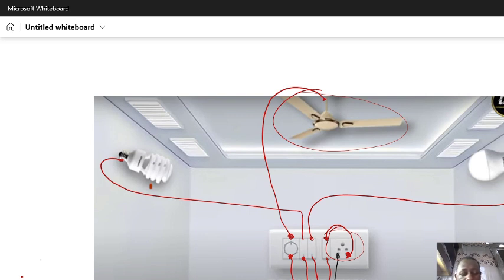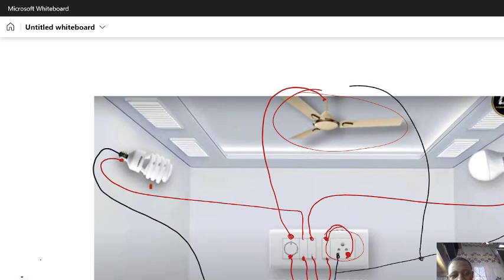Now only the neutral remains. The neutral I just take from here, a node. We saw in our theory what a node means, and I can connect also from here directly to this one, and I can connect from here again, or here, to our fan.